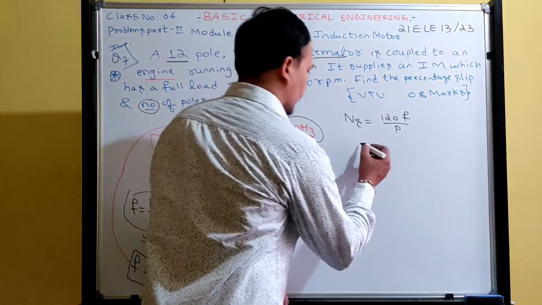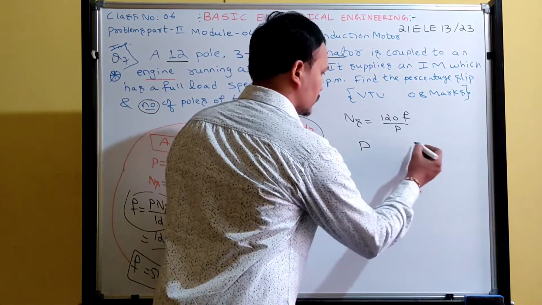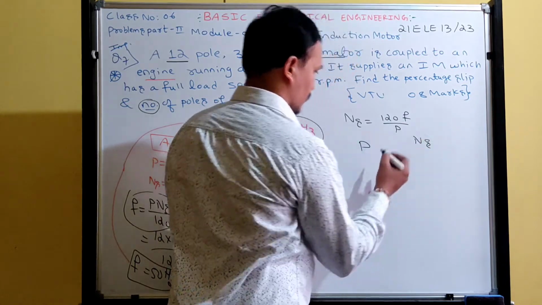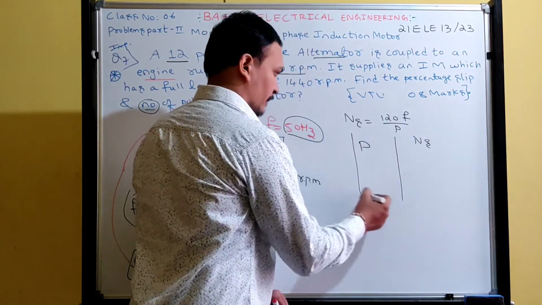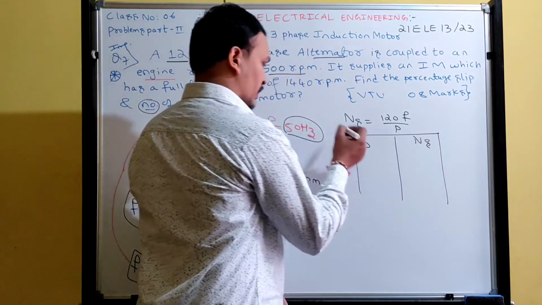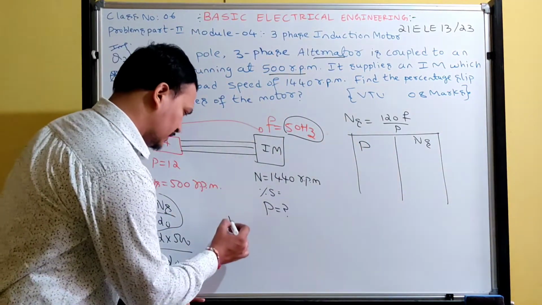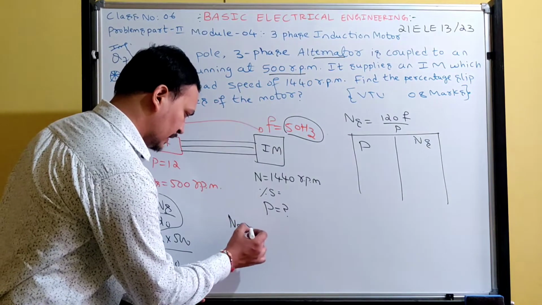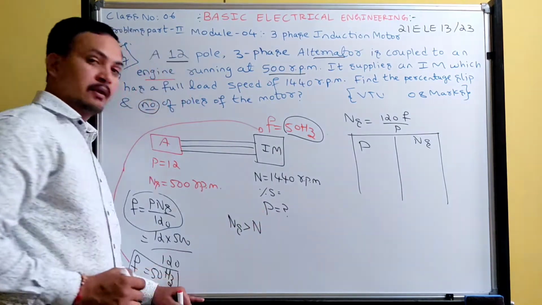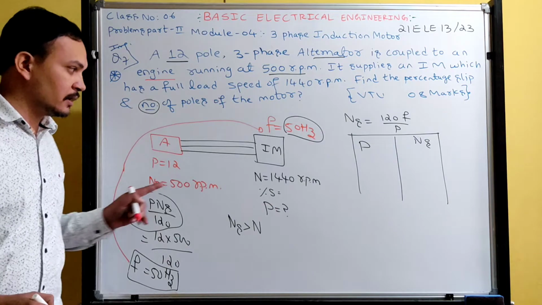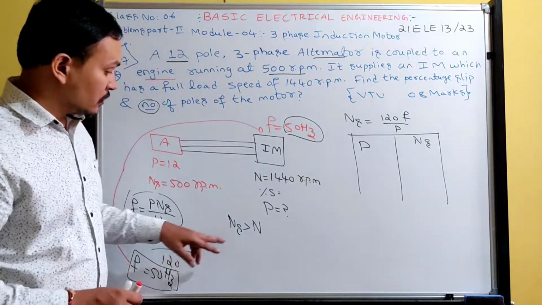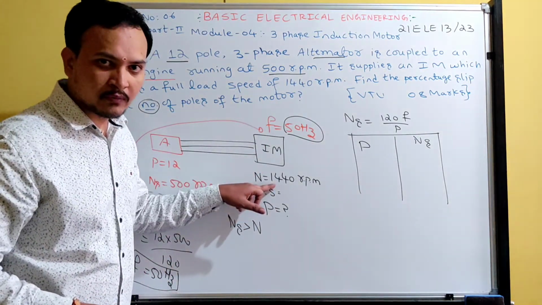So we can analyze. Let me write poles and Ns. I am making a chart here. What is the condition to become an induction motor? Your Ns should be more than N, not this Ns, the induction motor Ns. What is N given? 1440.